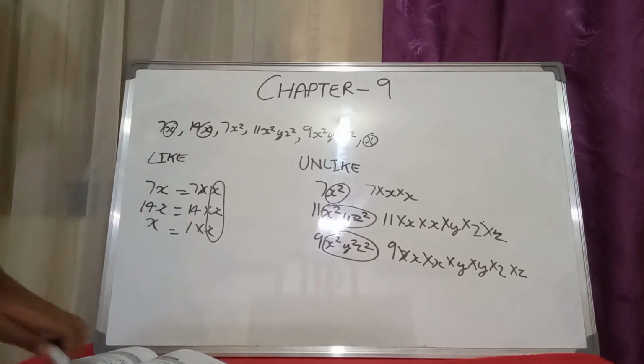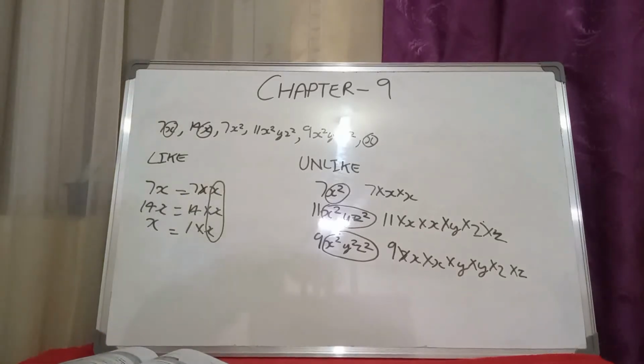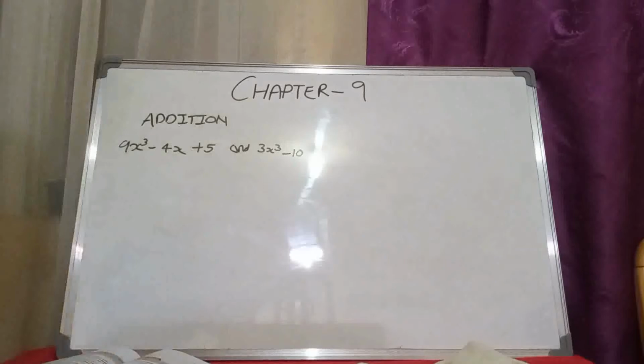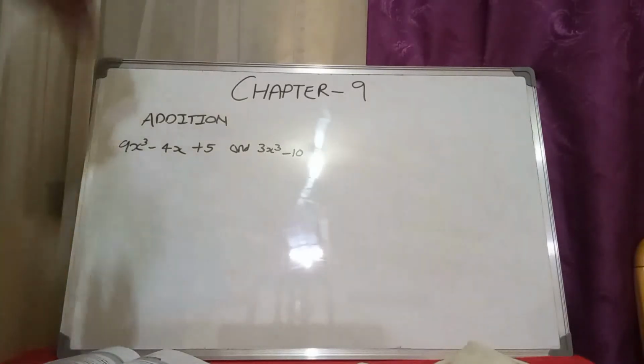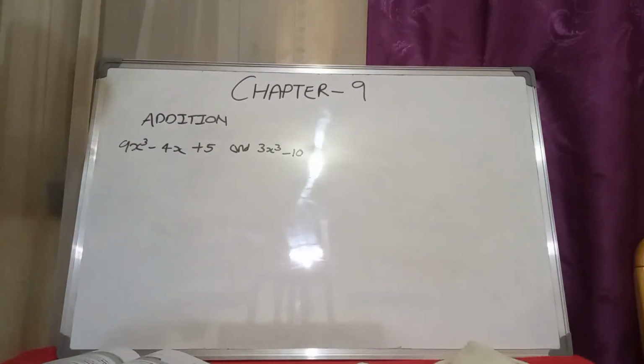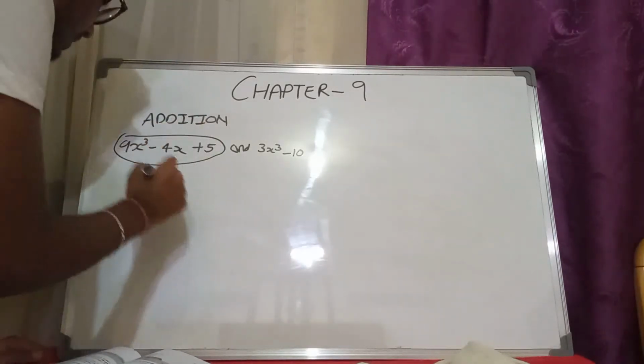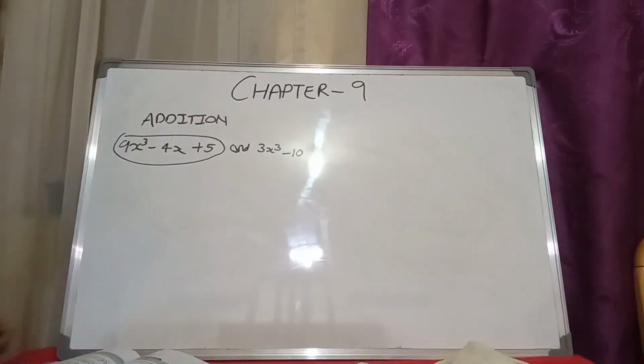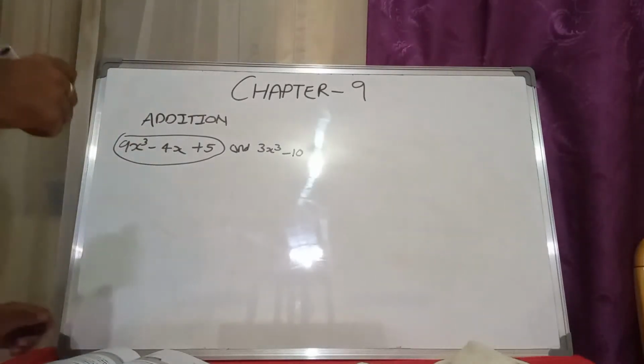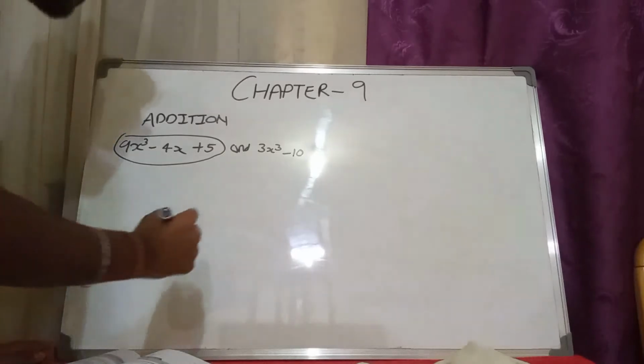Now let's move forward to the addition and subtraction of algebraic expressions. So moving to the addition part. In addition, we have to keep in mind the like and unlike terms. For addition, first we will write the first term as it is. So what is the question? 9x cubed minus 4x plus 5, and we have to add it with 3x cubed minus 10.